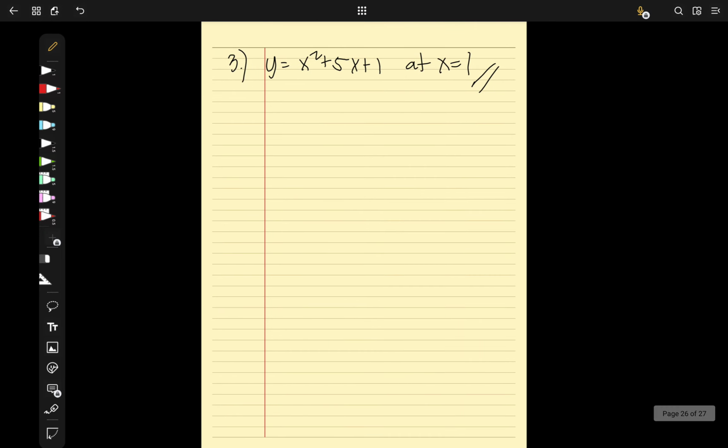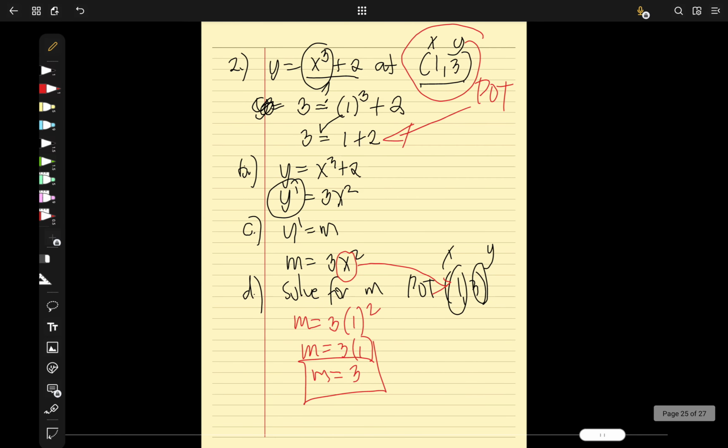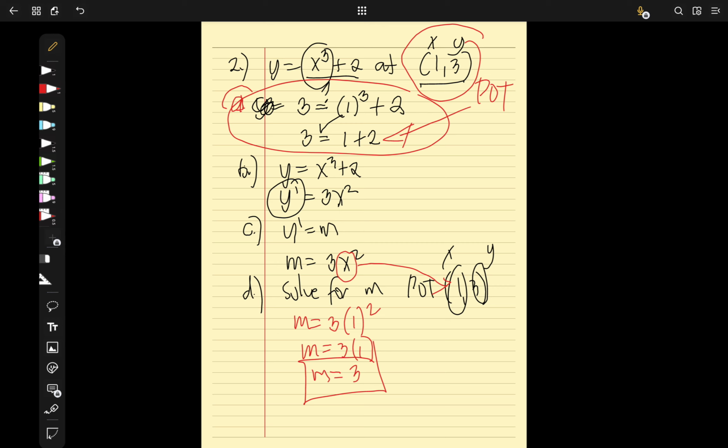Dito, ang binigay lang sa atin is x equals 1. So, sa point of tangency, ang meron lang tayo ay 1. Nawawala pa si y. Ano kaya si y? Doon papasok yung checking natin sa letter A na ginagawa natin madalas. Tingin nyo, paano kaya natin hahanapin yung y?